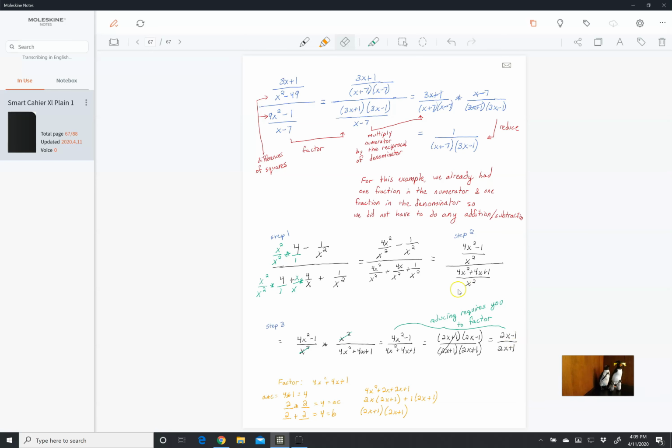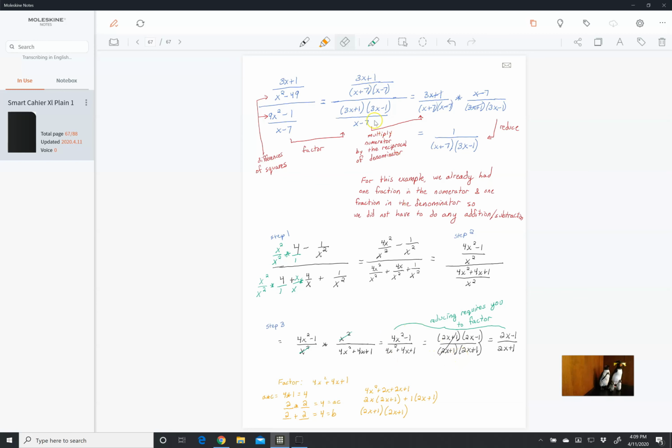Okay, so keep in mind, it's going to be the same every single time. We're going to be finding a common denominator, combining our fractions so that we have one fraction on top, one fraction on bottom. Once we have that, we can multiply by the reciprocal of the denominator. And then from there, it's reducing, which may require us to factor.